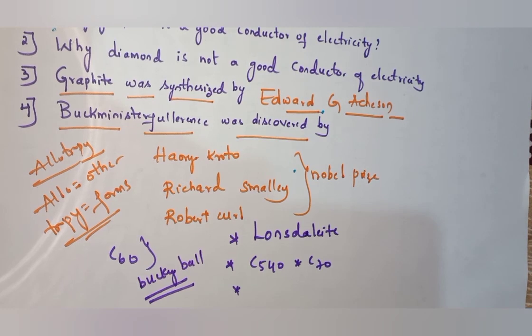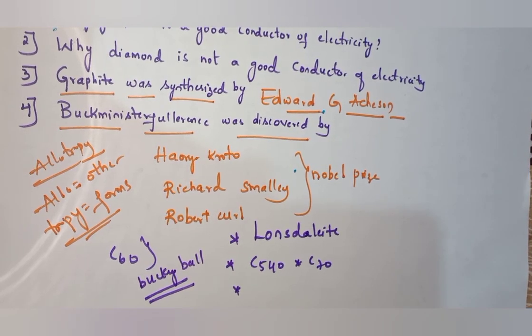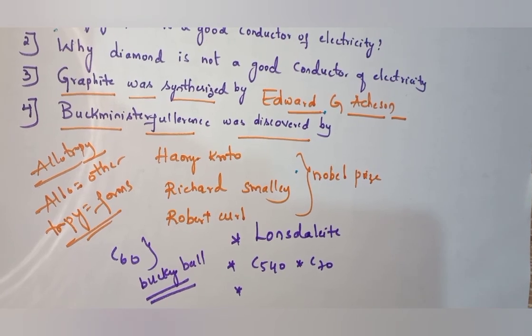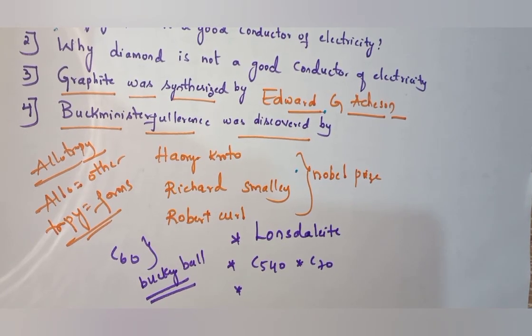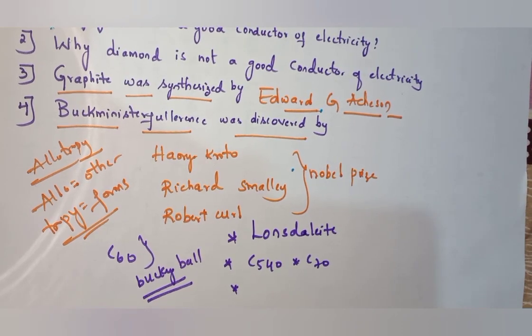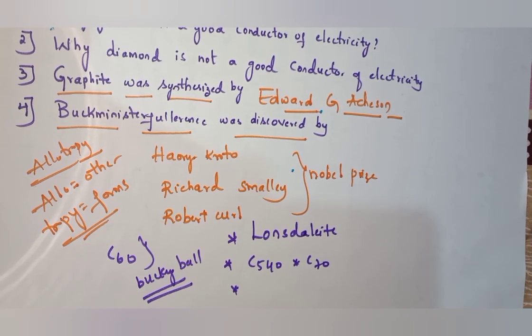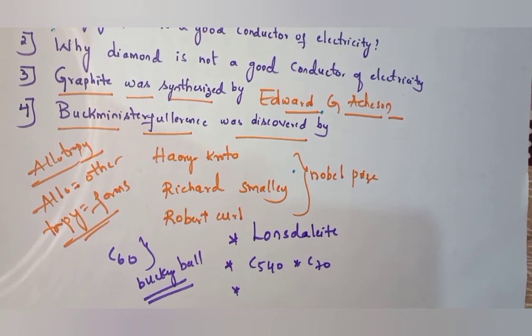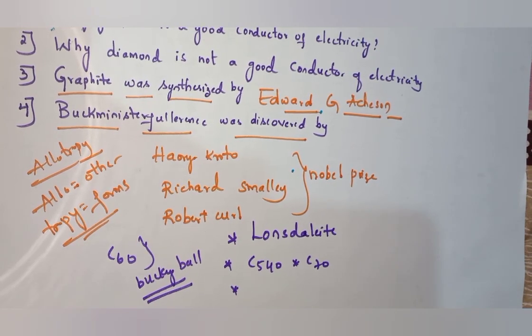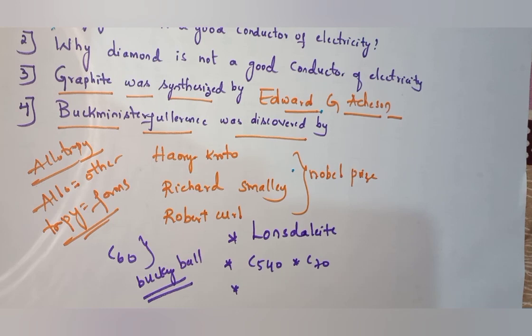So here the diamond, graphite and Buckminster fullerenes are formed of carbon atoms only and nothing else. So we can confirm it by burning them. If we burn them at high temperatures, carbon dioxide will be released. That is, carbon combines with the atmospheric oxygen to release the carbon dioxide, and there will be no residue left behind.